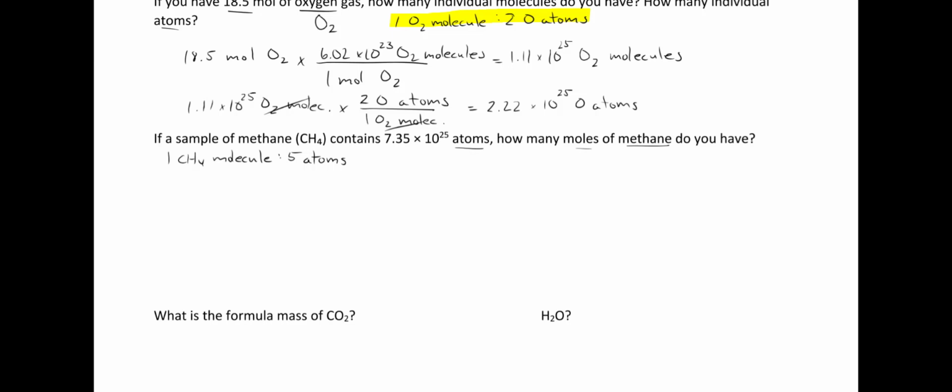Okay, so I'm given here 7.35 times 10 to the 25th atoms. Let's use the relationship that we have here.